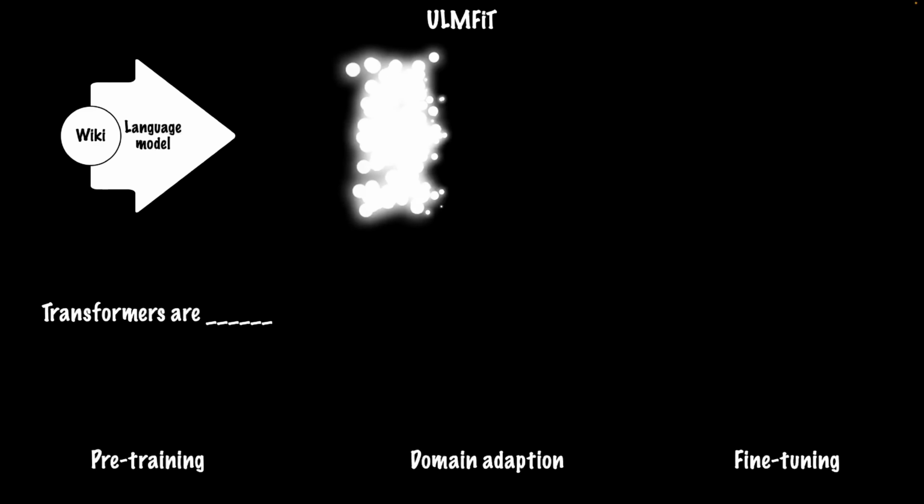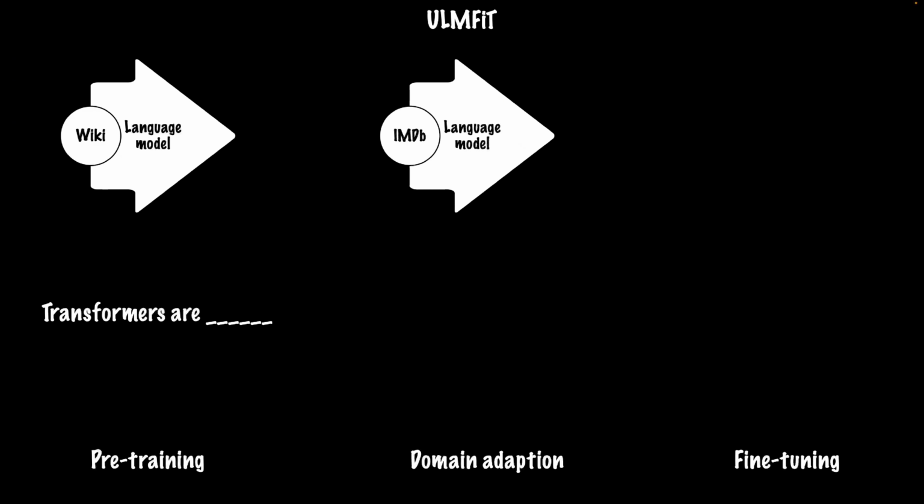In the domain adaptation, once the language model is pre-trained on a large-scale corpus of data, the next step is to adapt it to your specific domain. For instance, you might start with the Wikipedia data and then adapt the model to the IMDb corpus of movie reviews. And this step still uses language modeling, but now the model is predicting the next word within your target corpus.